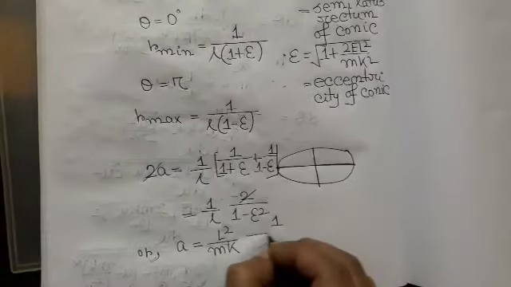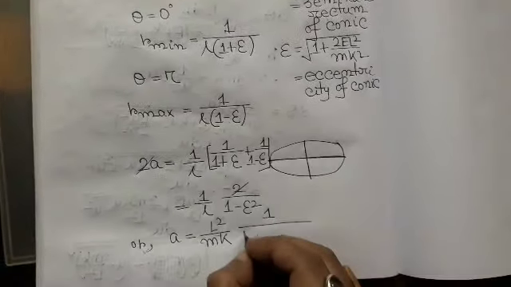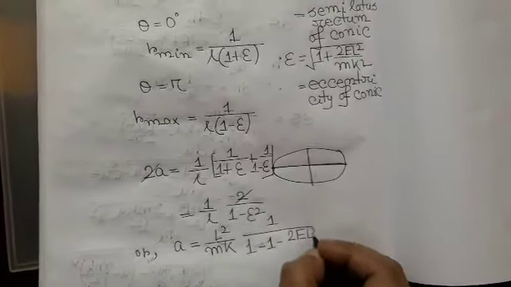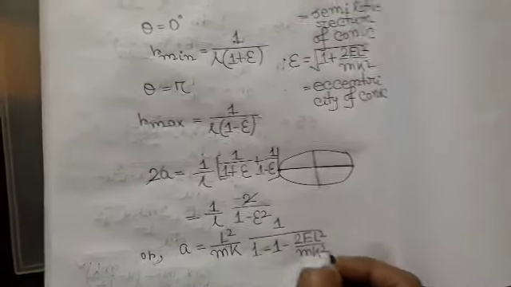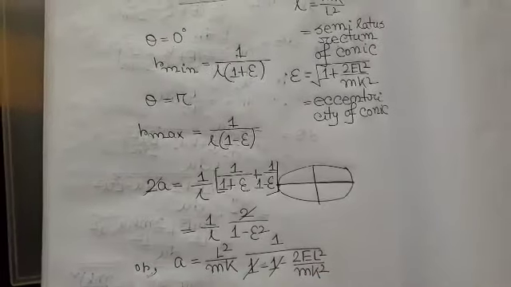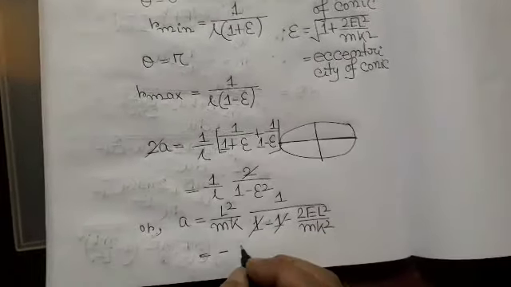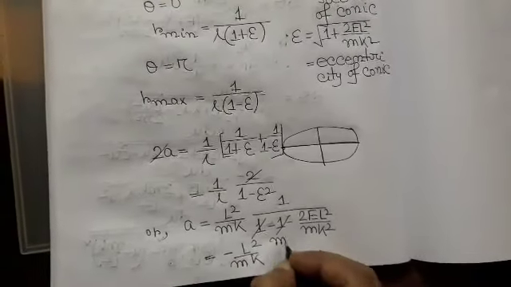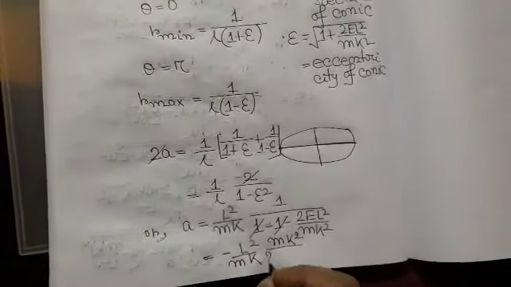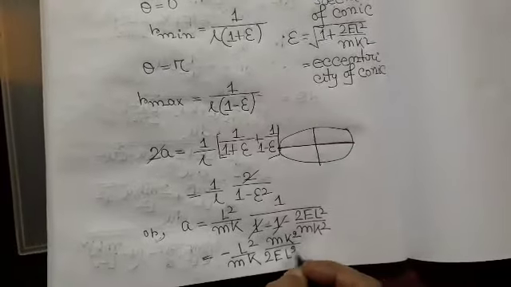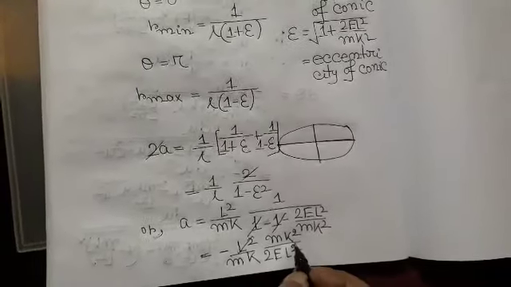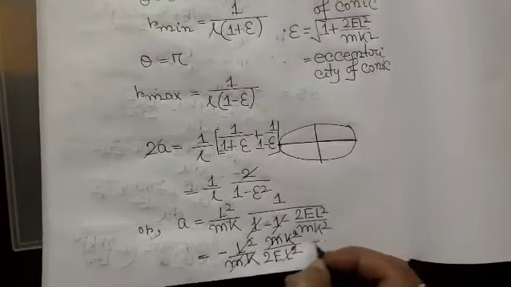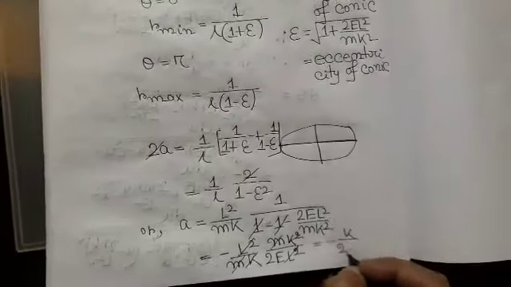And if we substitute the value of epsilon square, this becomes 1 minus 2e L square by mk square. So this cancels. So this becomes minus L square by mk into mk square by 2e L square. So L square cancels, and there is k, that is minus k by 2e.